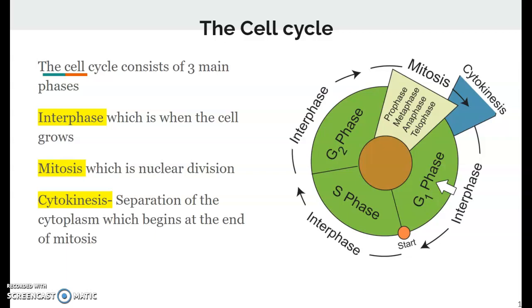And cytokinesis is the separation of the cytoplasm at the end. So technically, if a cell goes through interphase and mitosis but doesn't go through cytokinesis, you're still just going to end up with one big fat cell with two nuclei, right? So mitosis is the division of the nucleus, but cytokinesis is the actual separation of the cytoplasm.